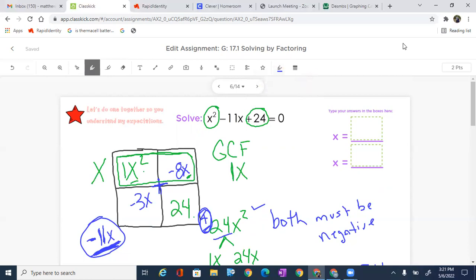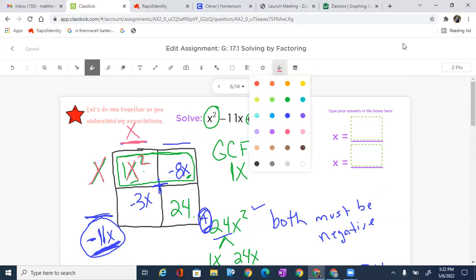Once we have that, we are going to fill in the remaining missing locations on our area model. We just use multiplication to do this. I'm going to say, well, x times what is x squared? Well, x times x is x squared. Once I've got that, I'm going to go to the next one. I'm going to say, okay, well, x times what is negative 8x?